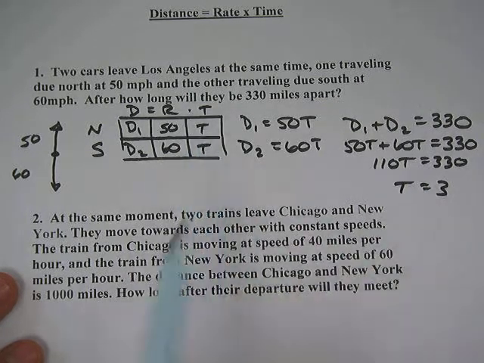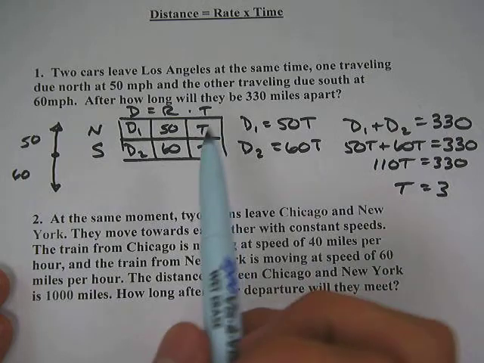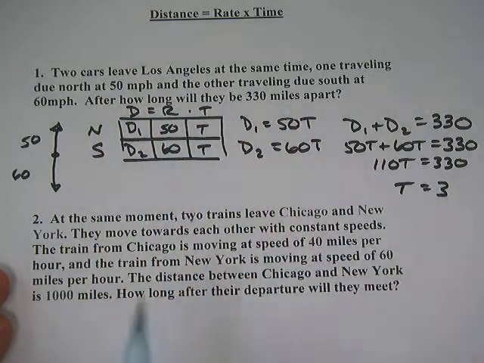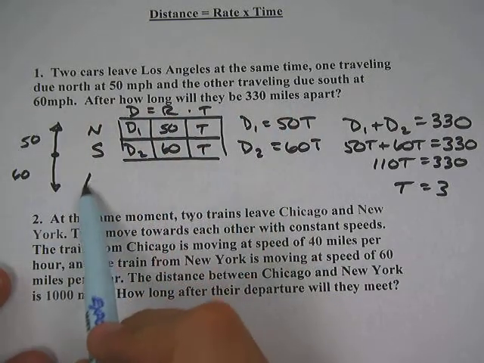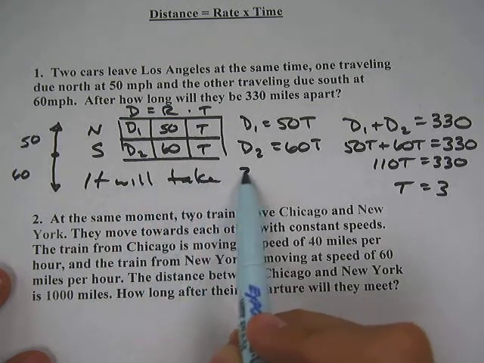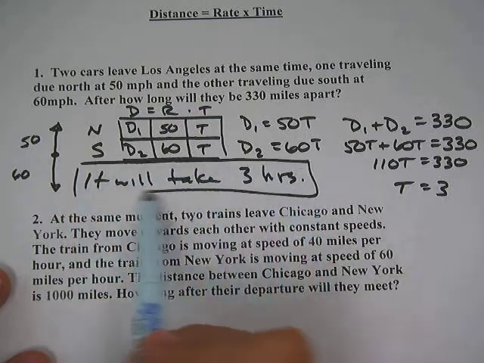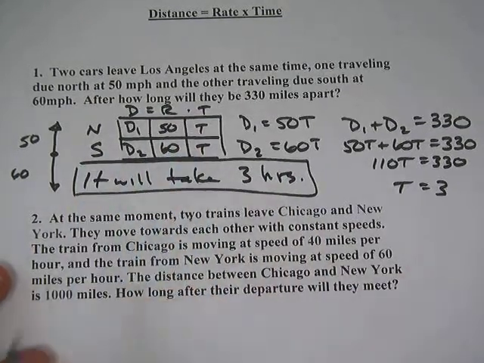Divide by 110, and you end up with 3. And what is 3? 3 is the time that they traveled. It says how long until they will be 330 miles apart? It will take 3 hours.